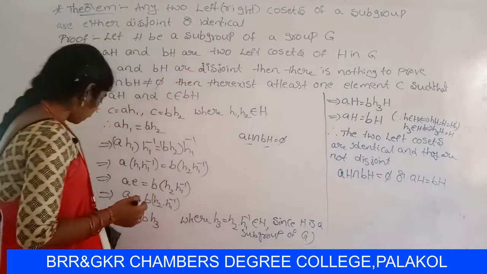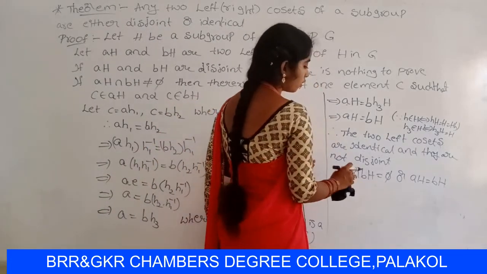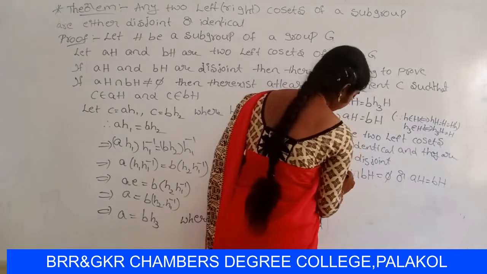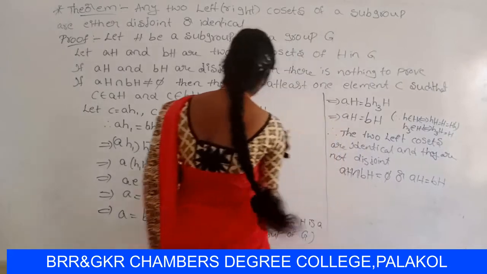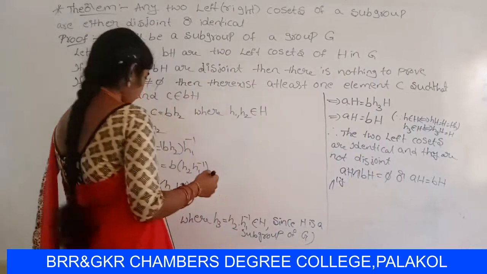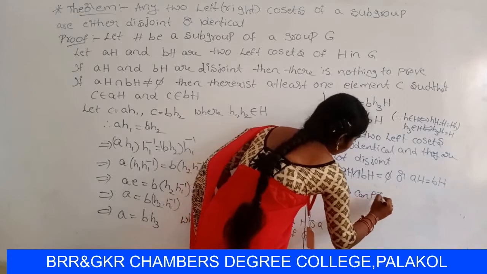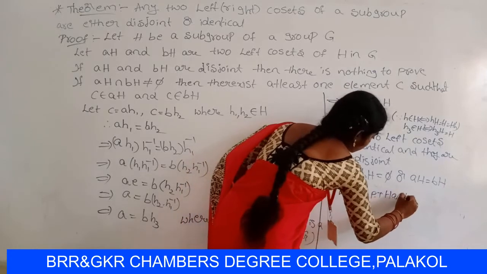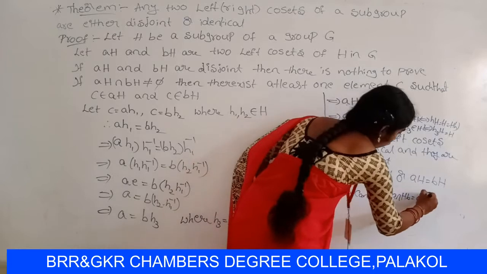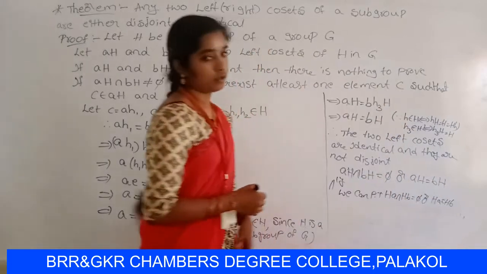So AH intersection BH equal to phi or AH equal to BH. Similarly, we can prove that HA intersection HB equal to phi or HA equal to HB. So this is the theorem.